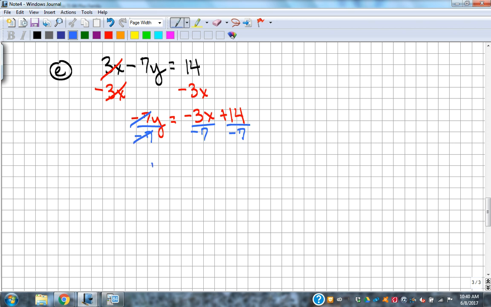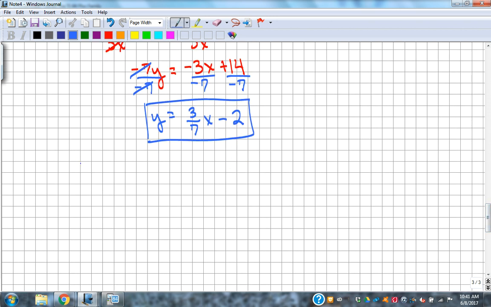So the left side is just y. The right side, we've got a negative 3 divided by a negative 7. What happens to that? Yeah, so it turns into a positive 3/7 x. And then positive 14 divided by negative 7 would be negative 2. So now we've got this equation in slope-intercept form. And that's the form we want it in. That's what that's called.